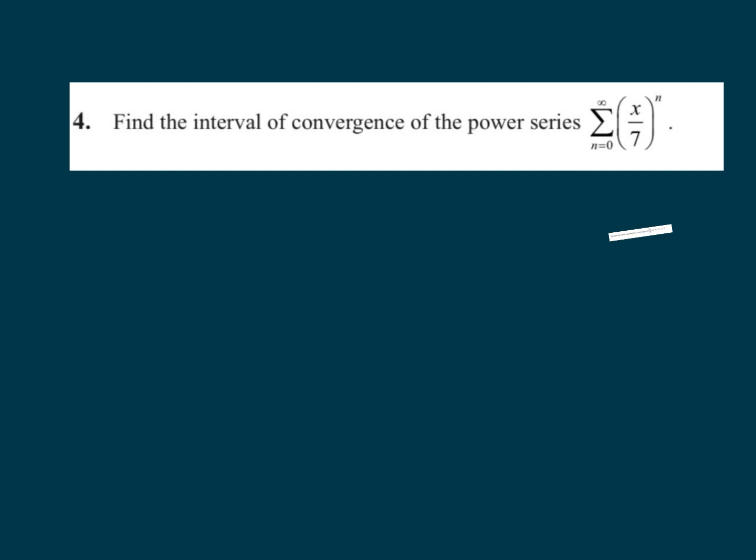Okay, now let's go to solve problem number 7. Find the interval of convergence of the power series, the summation from n equals 0 to infinity of x to the n divided by 7 to the n.